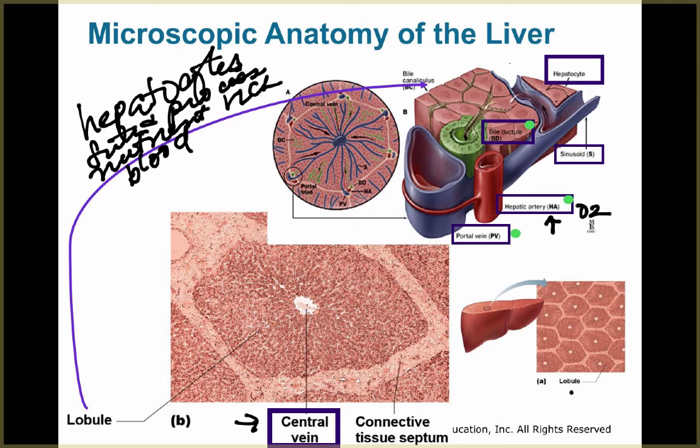The hepatic portal vein brings the nutrient-rich blood from the intestines. And the bile duct up here essentially receives bile from these little guys right here, the bile canaliculi.